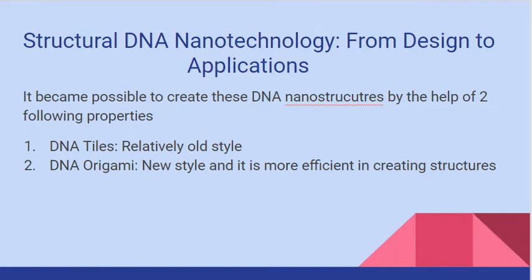The tile-based method is comparatively old, and the DNA origami method is new and more appropriate for construction of bigger and more sophisticated structures. Nadrian Seeman proposed the idea of DNA nanostructures in the 1980s with the help of different arrangements. He created many complex DNA structures. He used arrangements like double crossover motif DX tiles, two-dimensional lattices, triple crossovers, and 4x4 cross tiles.